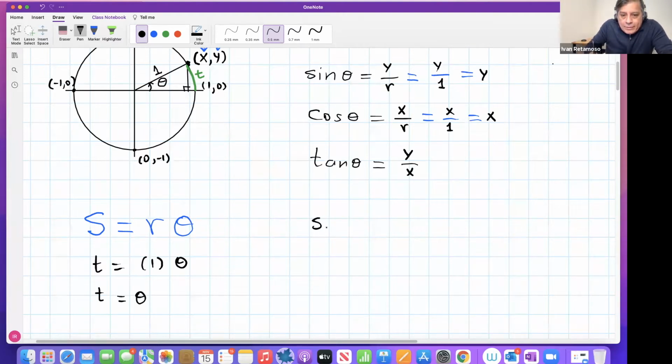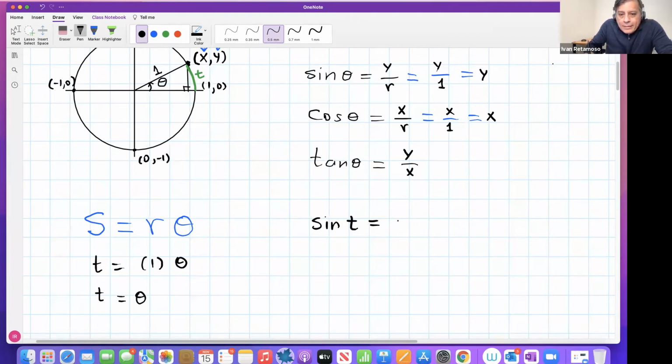In what sense, Professor, is it good? Well, because now I can talk about trigonometric functions of real numbers. Sine of the real number T should be equal to the sine of the unique angle theta associated to the real number T, in radians of course. But that is computed here as y.